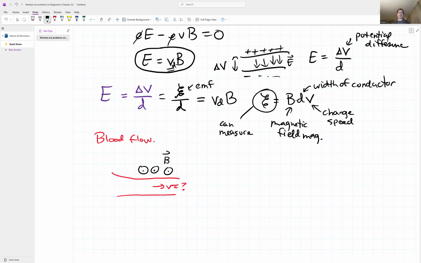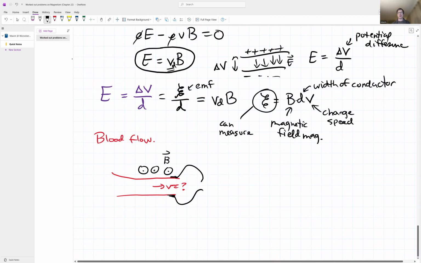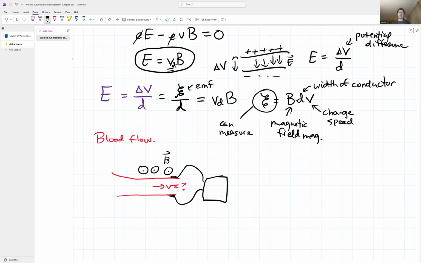And what you do is you take a little probe, like a multimeter type probe, to measure voltage differences. And you measure the voltage difference between the top and bottom of the blood vessel. You measure the EMF, so you have a little voltmeter.